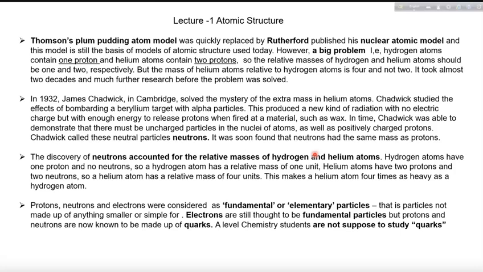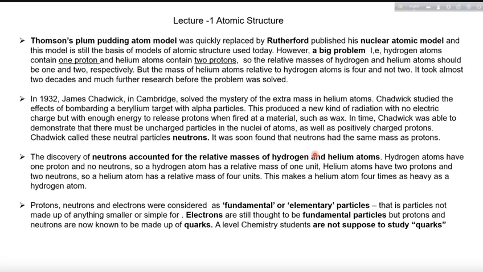One more thing, the Thomson atomic model, which was called the plum pudding model, which I discussed earlier, has been quickly replaced by the Rutherford nuclear atomic model. But then a big problem started up. Hydrogen has got 1 proton, but helium has got 2 protons. But we see the relative mass of hydrogen is 1, but helium is 4 times more than that of hydrogen.